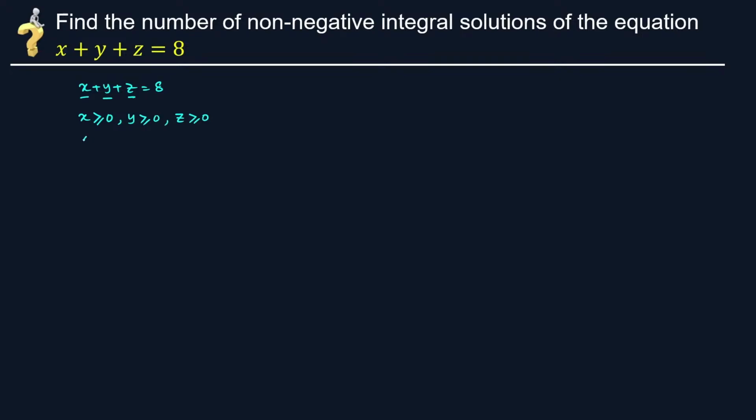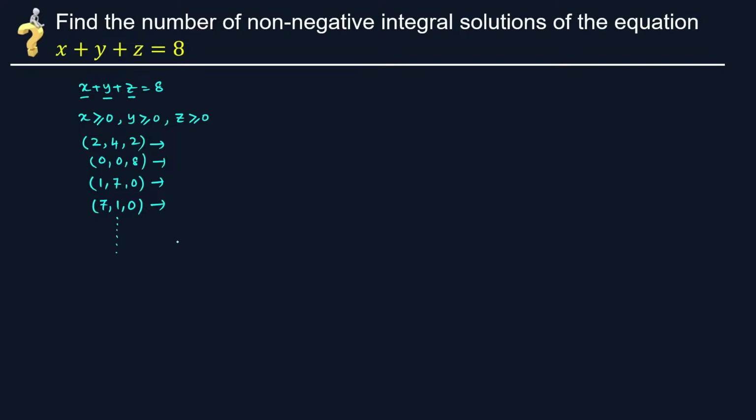If I say that x is taking the value 2, y is taking the value 4, and z is taking the value 2, it is one solution. If it takes 0, 0, 8, it's another solution. If it takes, let us say, 1, 7, and 0, it's another solution. Even if it is 7, 1, and 0, it's another solution, and this thing goes on.